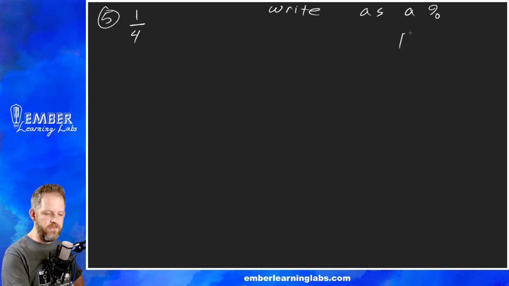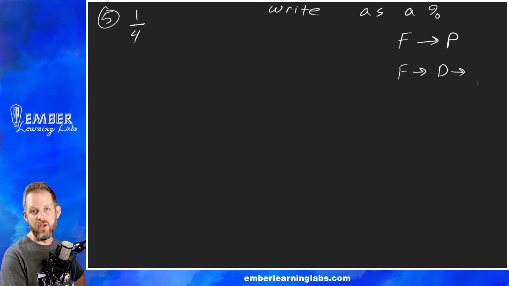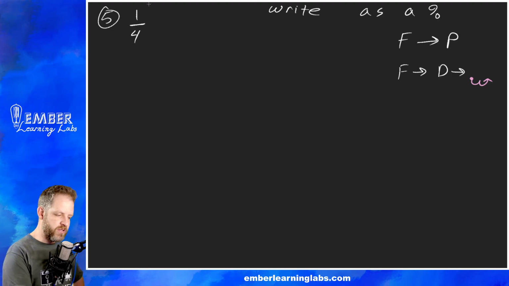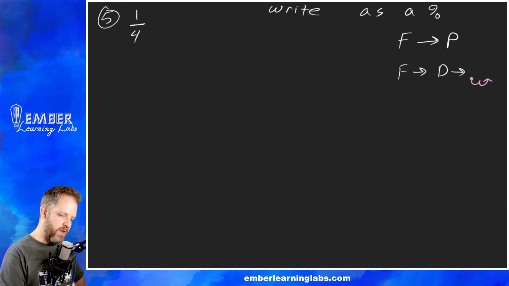When we're converting a fraction to a percent, we first do a fraction to a decimal, and then we move the decimal place 2 places to the right. Okay? That's how we do this thing. Let's take a look at it. So we're going to start by converting this to a decimal. To convert a fraction to a decimal, we divide. The one that goes in the house is the one on the top, right? So we're doing 1 divided by 4.